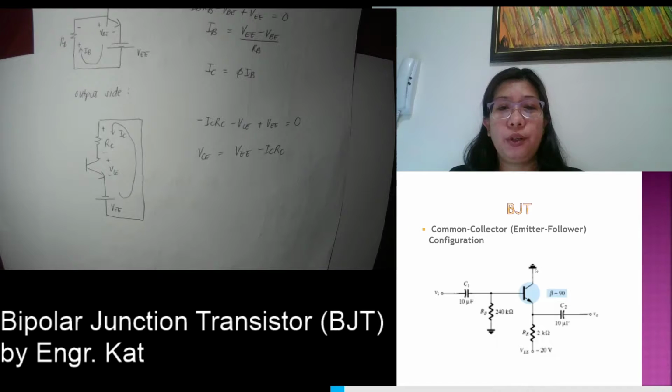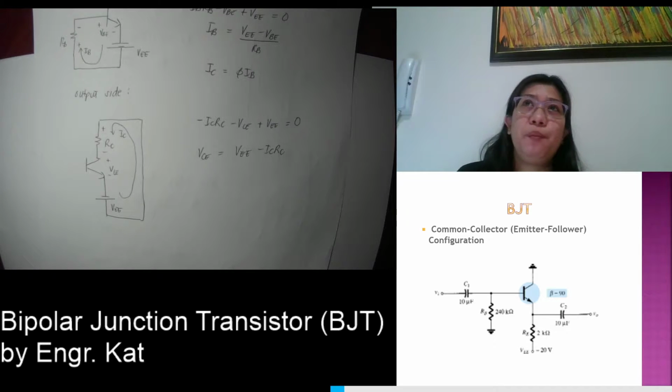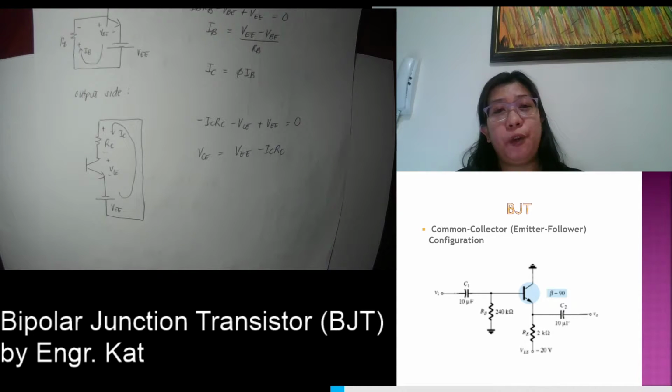The collector is grounded this time, but we cannot see the effect of the common collector, also called the emitter follower, yet because we are still under the DC configuration. But we're going to find out using AC analysis that the emitter follower follows your input signal. Whatever the polarity of your input signal is, that will also be the polarity of your output signal.